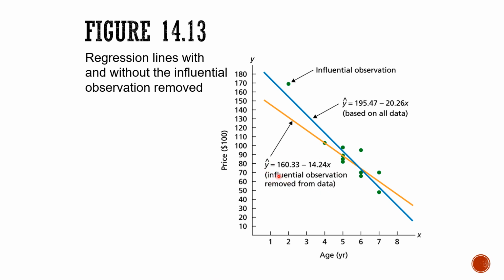Y hat equals 160.33 minus 14.24x. So the slope changed, the intercept changed as well. All right, so this happens often with influential observations that are removed from the data set, but we sometimes have to remove it if we see that it's a pretty obvious outlier. Okay.